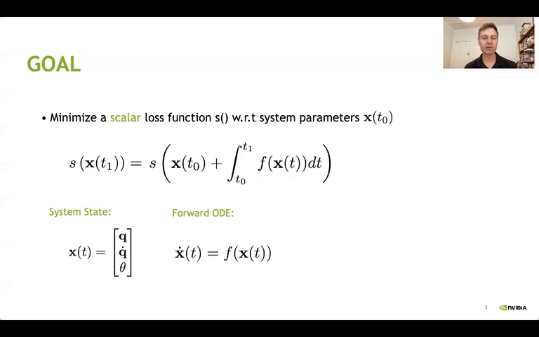I'm going to limit the discussion to loss functions that depend on the final system state. So this could be the state of the system at some point in the future after some amount of time has passed. And the system dynamics are governed by an ODE, usually a second order ODE. And this describes how the system is evolving through time.